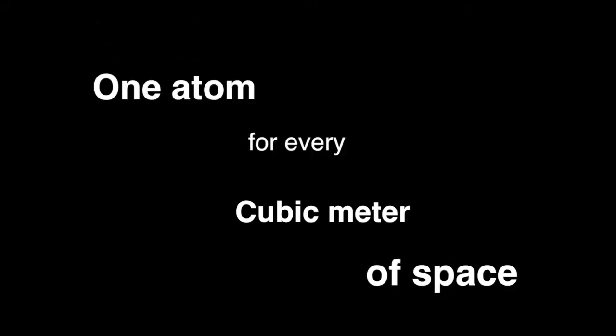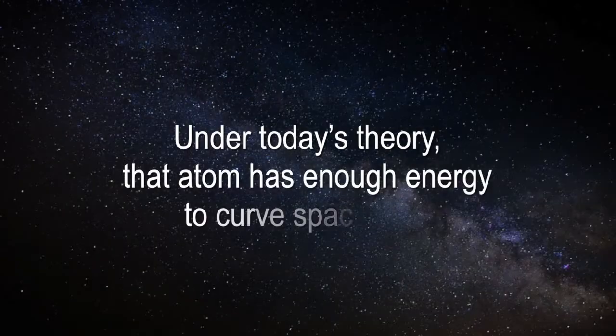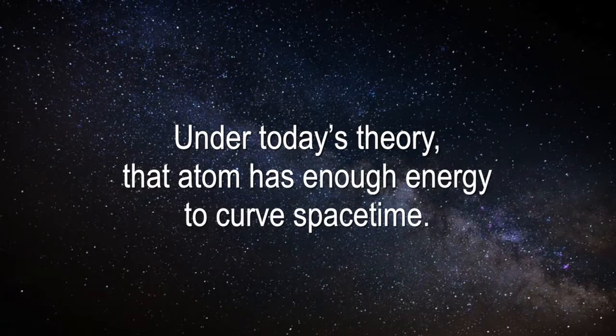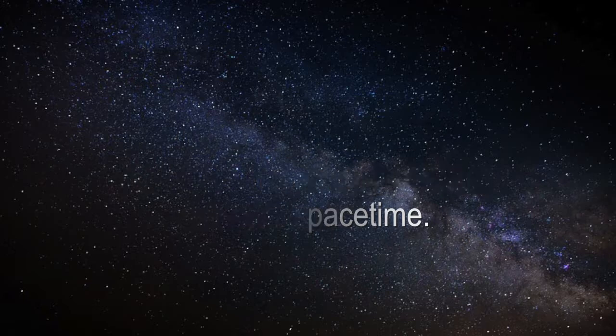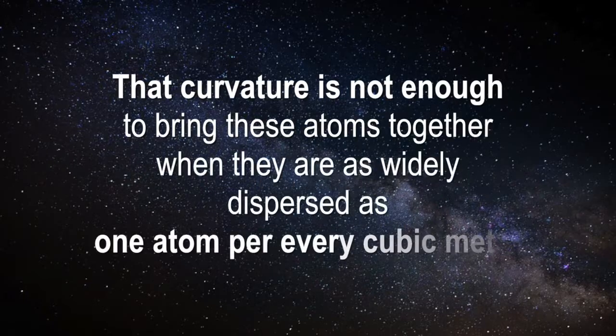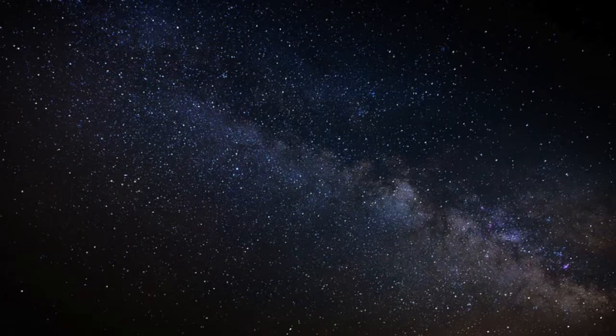If you imagine back before the first star was developed, there was enough hydrogen along with some helium atoms to average 1 atom for every cubic meter of space. Under today's theory, that atom has enough energy to curve space-time. That curvature is not enough to bring these atoms together when they are as widely dispersed as 1 atom per cubic meter.